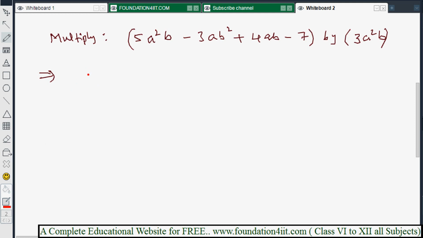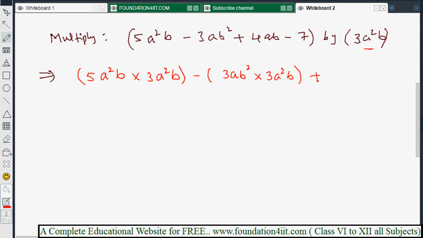That is, first term is 5a square b, so I am writing into 3a square b because we need to multiply with this. Minus, and second one is 3ab square into the same 3a square b.